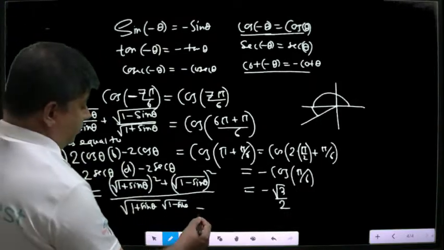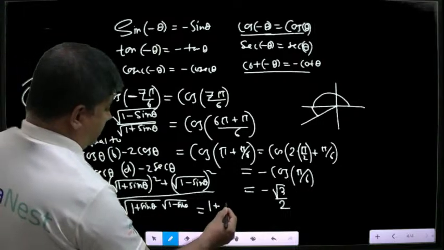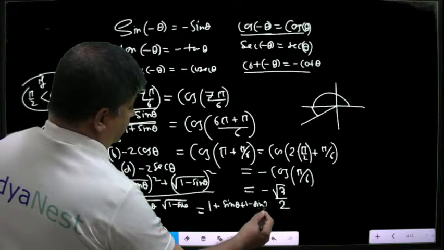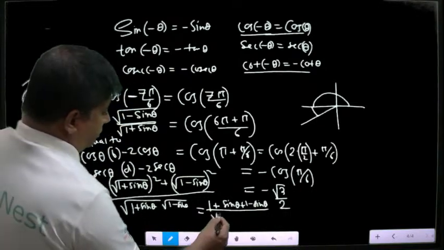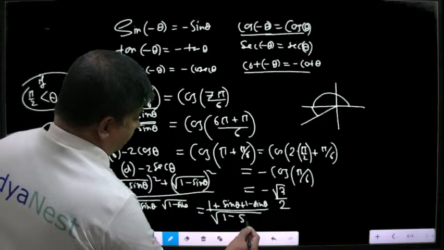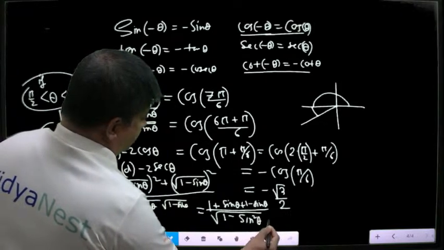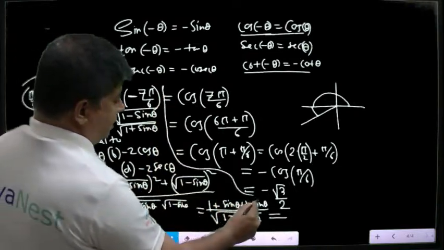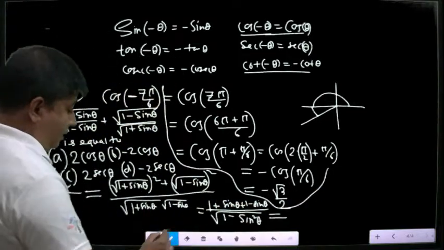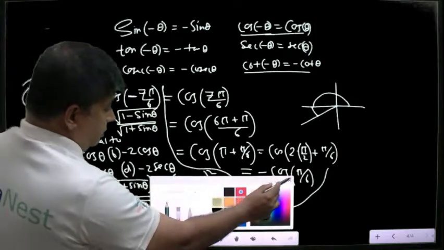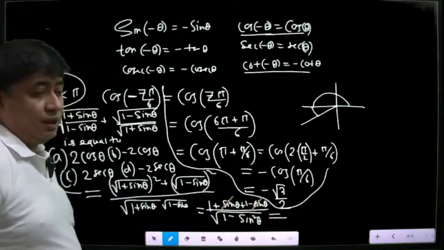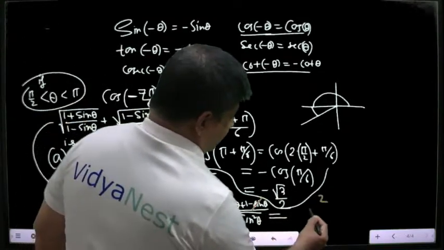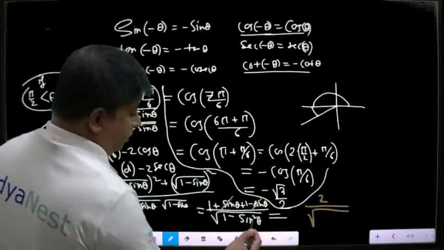That will give you 1 plus sin theta plus 1 minus sin theta by under root 1 minus sin square theta. There must be a demarcation line. Now sin theta will get cancelled. You will get 1 plus 1, 2, and under root cos square theta.